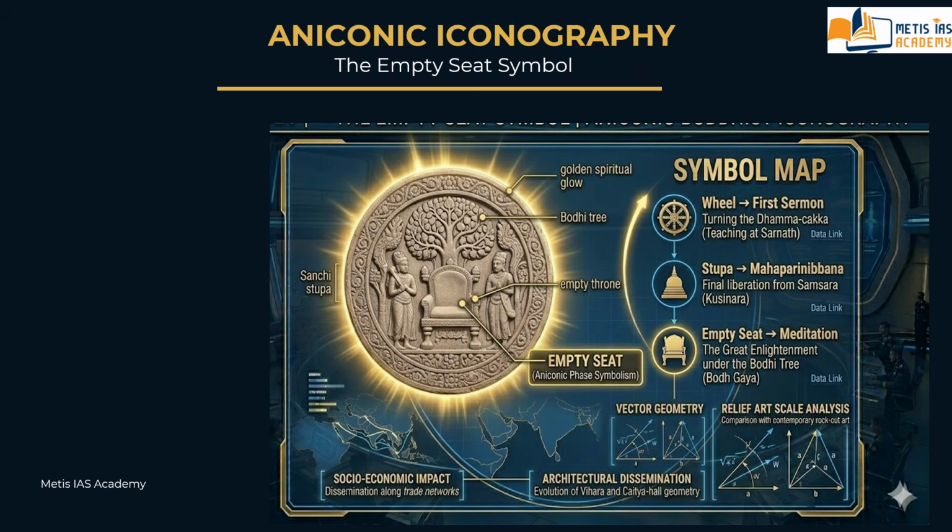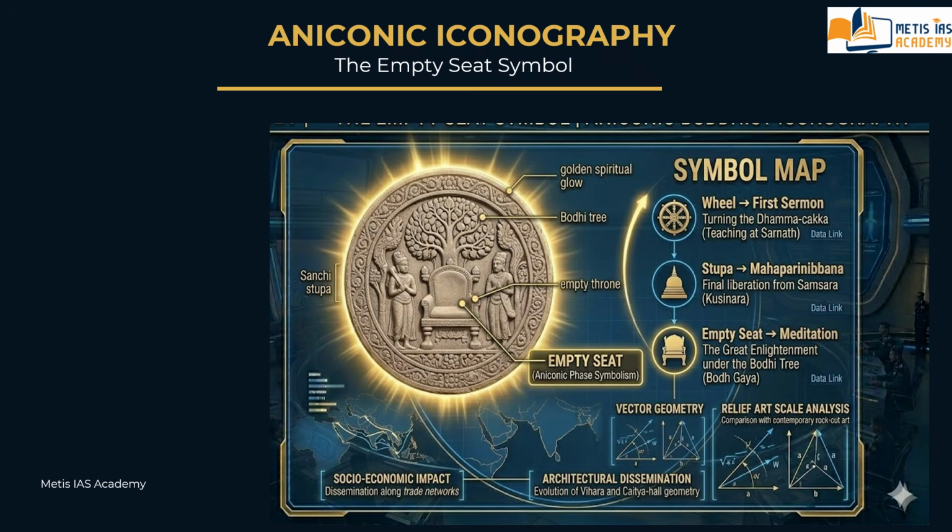Wheel to first sermon, stupa to Mahaparinibbana, and empty seat represents meditation. So socio-economic impact to architectural dissemination, victory geometry, relief art scale analysis.